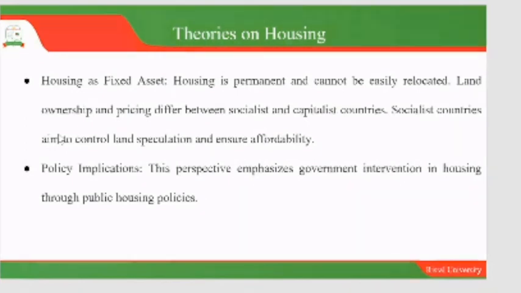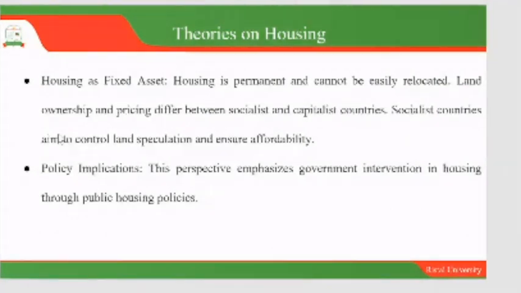So this system causes problems like homelessness, unaffordable rent, and gentrification, where rich people move into poor neighborhoods and push out the poor people. So to fix these problems, we need to work together and make housing a right for everyone, not just a privilege for the rich.